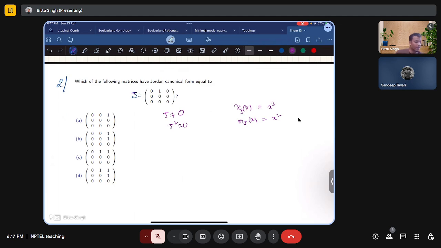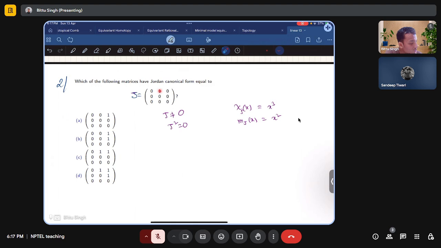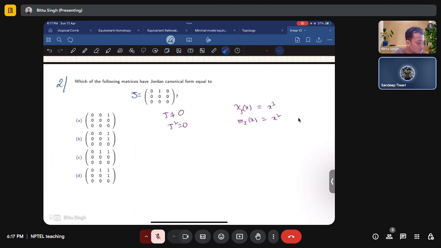And the minimal polynomial also divides the characteristic polynomial. J square is 0 because the first row is 0, first column is 0. So J times J is 0. So from here, what can be said? It is clear that there is a Jordan block of 2 cross 2.